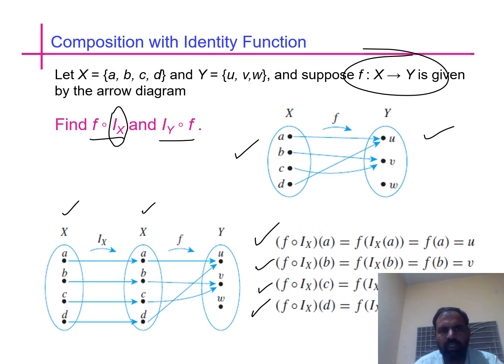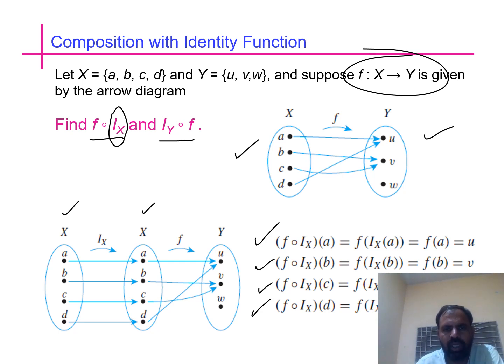This is X, this is Y. So the identity function I_X shows that the domain becomes the range: if A is input, A is output, B is input, B is output, C is input, C is output, D is input and D is output. So the domain becomes the range, and that also becomes the codomain.